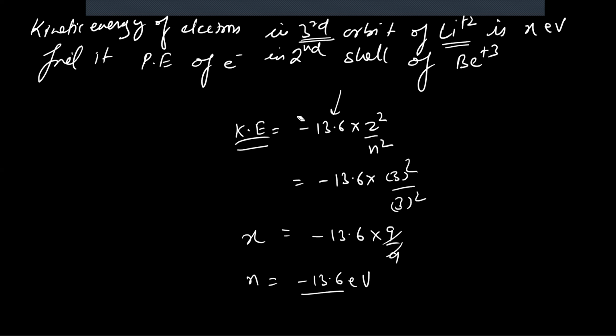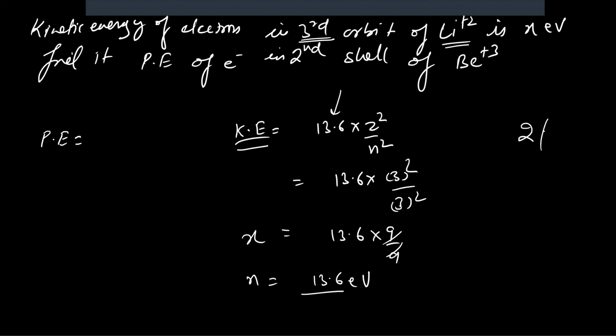We always write the kinetic energy with a positive sign. Now you know that this is the value of the kinetic energy. Potential energy is twice the kinetic energy, but with a negative sign.